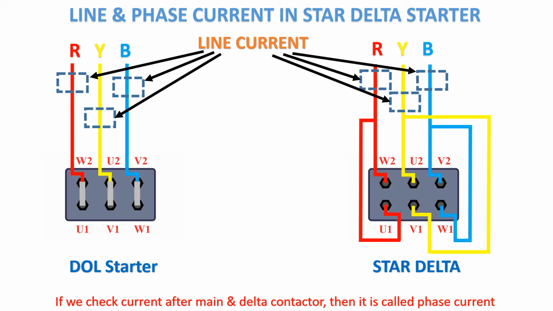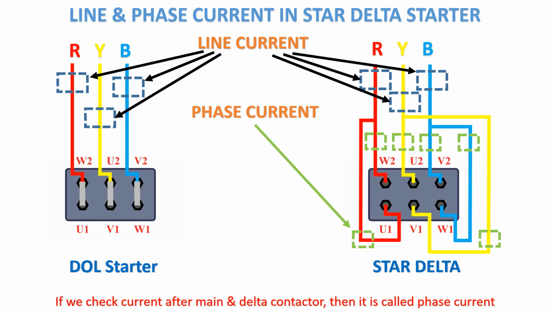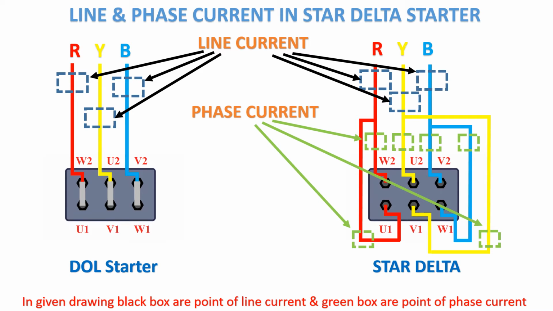If we check current after main and delta contactor, then it is called phase current. In the given drawing, black boxes are points of line current and green boxes are points of phase current.